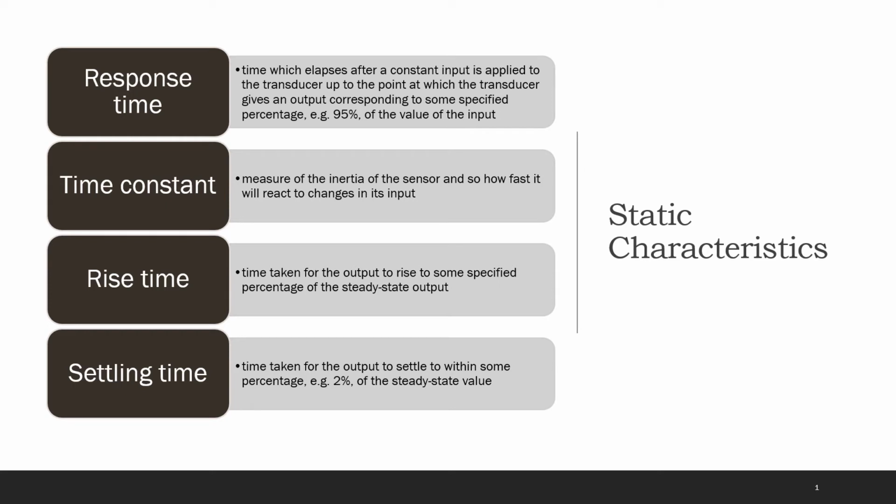And the final one is the settling time. In the case of the thermometer, once we dip the tip of the thermometer in the liquid, the mercury rises and reaches the final value. However, there may be some fluctuations in the final value, and the mercury level may be fluctuating.